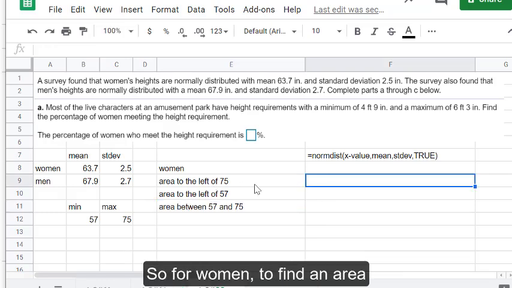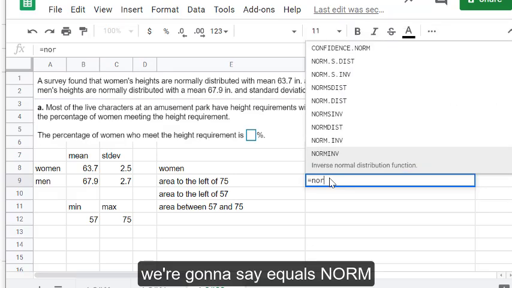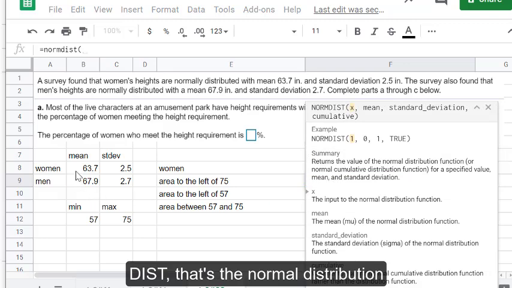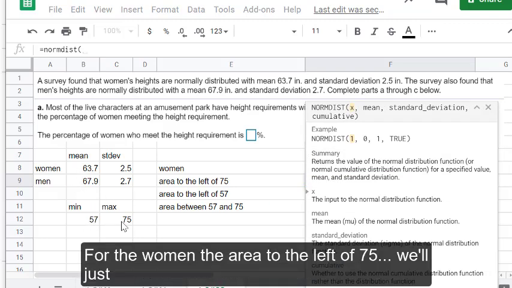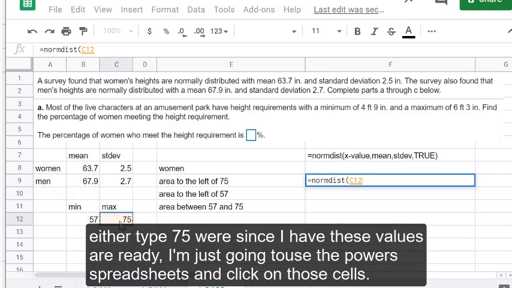So for women, to find that area, we're going to say equals NORM DIST. That's the normal distribution. For the women, the area to the left of 75, we'll just either type 75, or since I have these values already, I'm just going to use the power of spreadsheets and click on those cells.